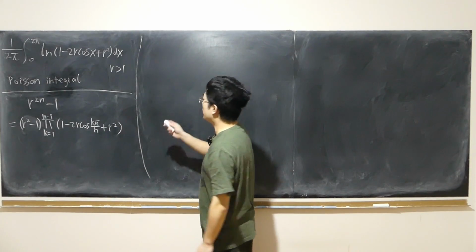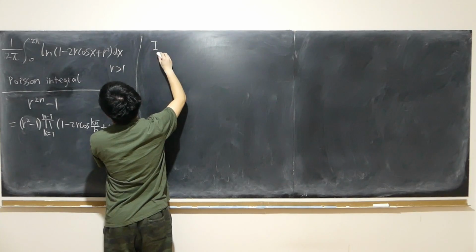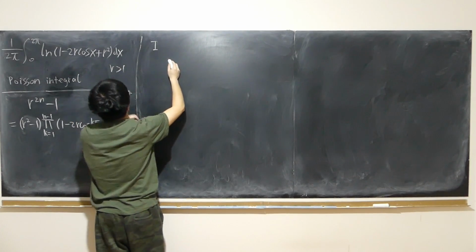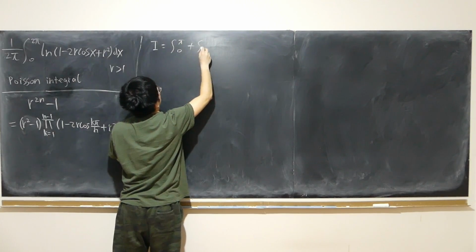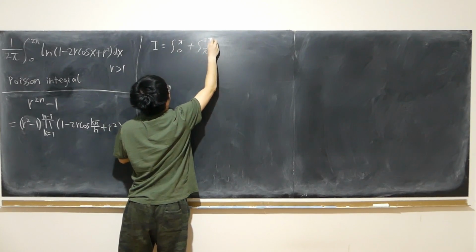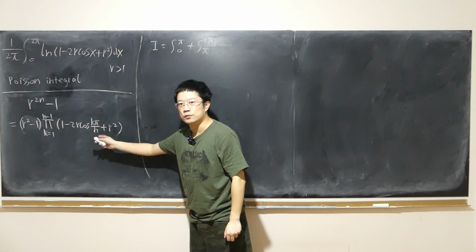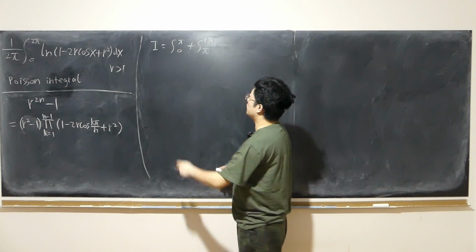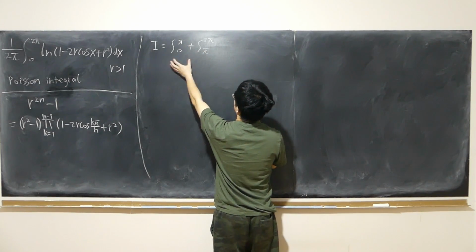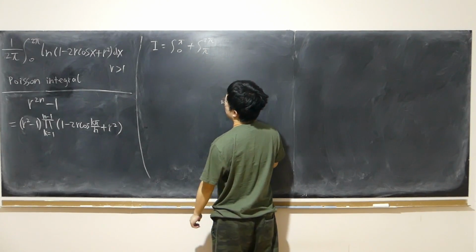Now let's look at this definite integral. I noticed that it's from 0 to 2 pi, so I'm going to break it into 0 to pi plus pi to 2 pi, because in the end I want to use a Riemann sum. I want to see if this is also equal to the integral from 0 to pi, hopefully.